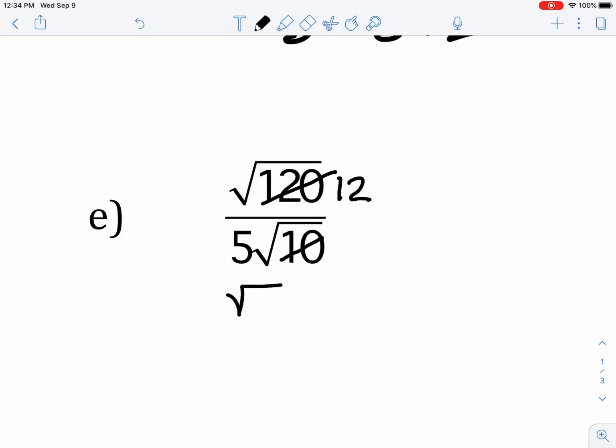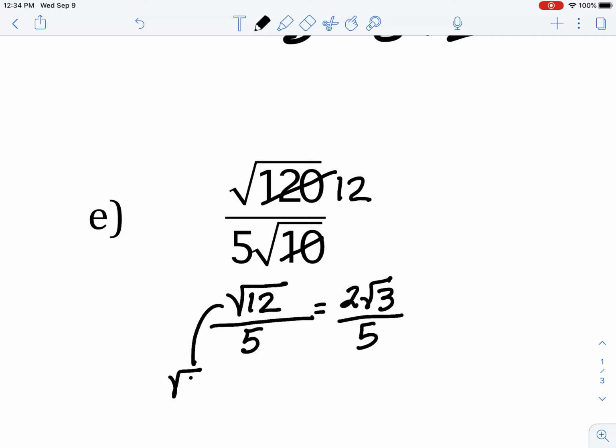So what we're looking at is root 12 in the numerator, and 5 in the denominator. So there is no rationalizing here because you don't have a radical anymore in the denominator. But you will simplify root 12, and that becomes 2 root 3 over 5. So remember, root 12 is root 4 times root 3.